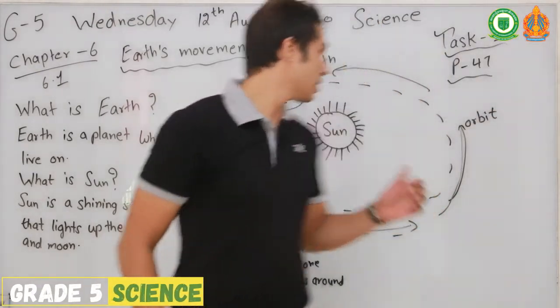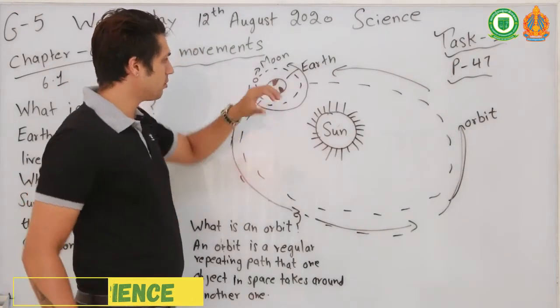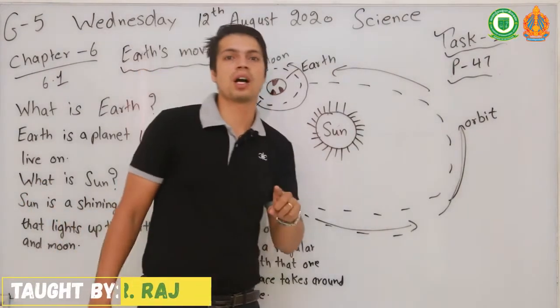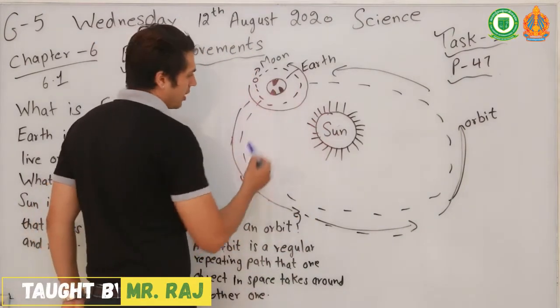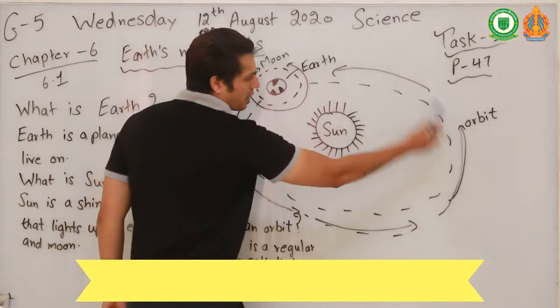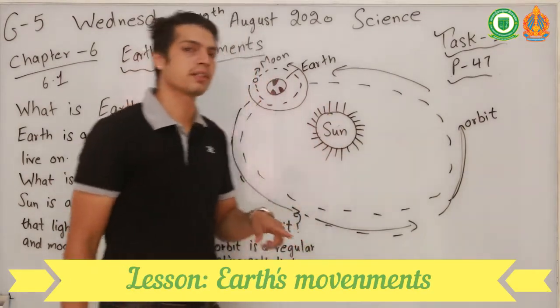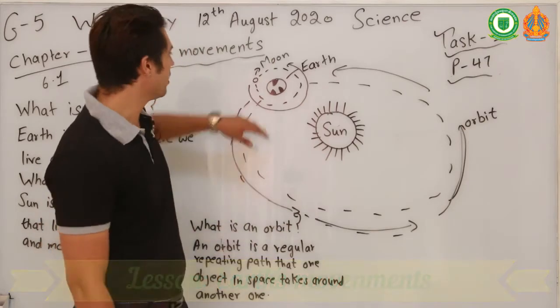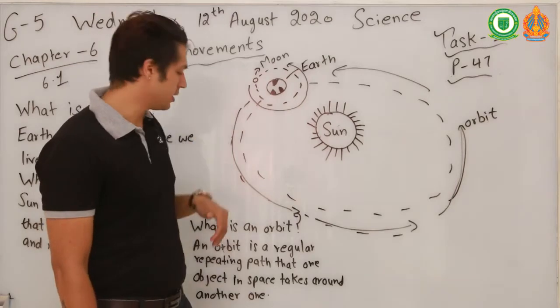Because Earth completes one rotation around its axis in 24 hours, that's why we see sun. But it completes its orbit around sun in 365 days, means in 1 year. So that's when we change a year, and moon orbits around Earth, okay.